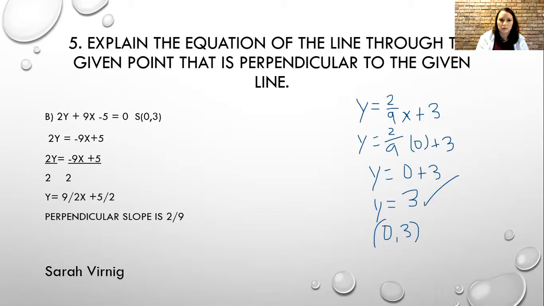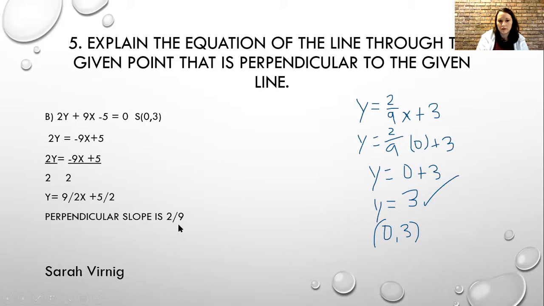And our next one, we have 2y plus 9x minus 5 equals 0 with a point at (0, 3). And again, we have to simplify it first to get y by itself. When we get y by itself, we get 9 over 2 x plus 5 over 2.